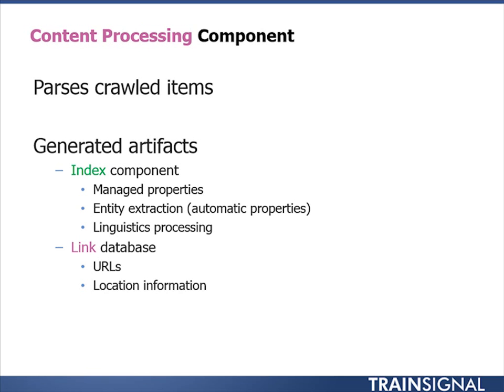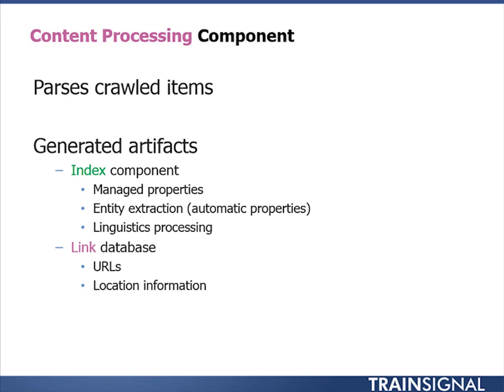It's a very similar concept once again here, that we've got a separate crawl component that's responsible for going off and getting our data, and then we've got our content processing component that's responsible for actually opening up that data, finding the metadata, reading the documents, and generating the artifacts that will eventually be used once we go off and do our search. So our crawl component is responsible for going off and getting the items, and our content processing component is responsible for busting open those items.